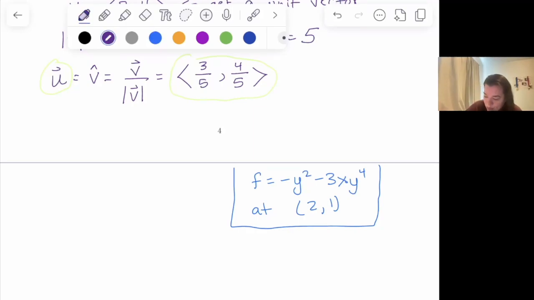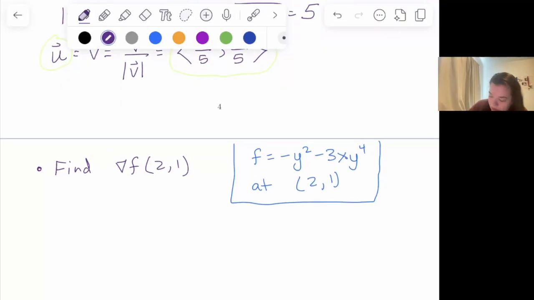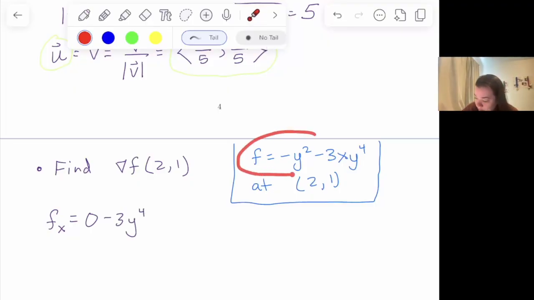The next step we need, though, is to find the gradient vector of f at the point given to us, (2, 1). So finding the gradient vector, we need our partial derivative pieces. We need to find f sub x, the derivative of f with respect to x. I took the partial derivative with respect to x of the function that was given to us in the problem.